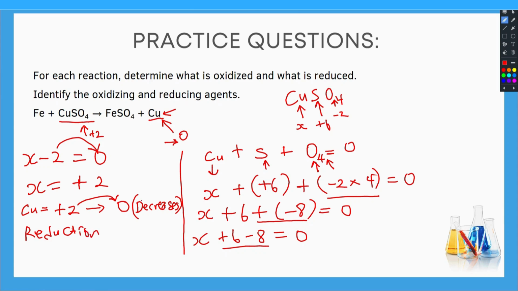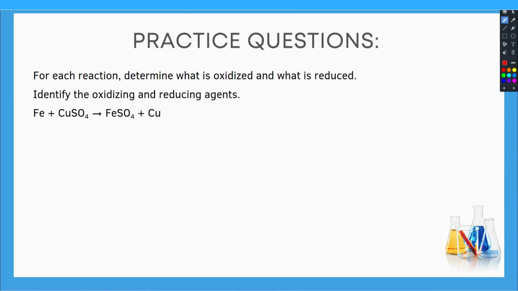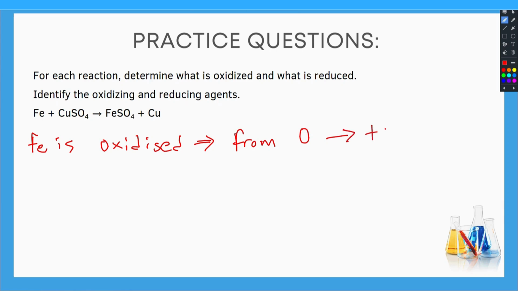So what is this question asking us? The question is asking us, for this reaction, to determine which one is oxidized and which one is reduced. So we simply say Fe is oxidized because its oxidation number moved from 0 to plus 2.